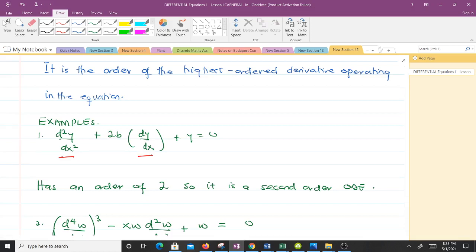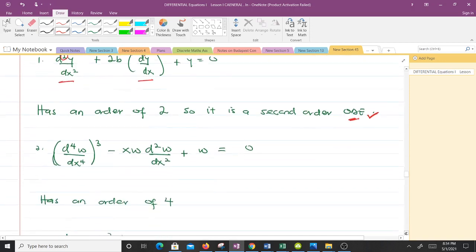You can see that this one has an order of 1, but this one has an order of 2. So that means this differential equation will have an order of 2. Most of the time when it has an order of 2, we call it a second order differential equation. But here I said a second order ordinary differential equation because you can see it contains only ordinary derivatives, and so it's an ordinary differential equation. So I hope you see how we get the order of a differential equation.